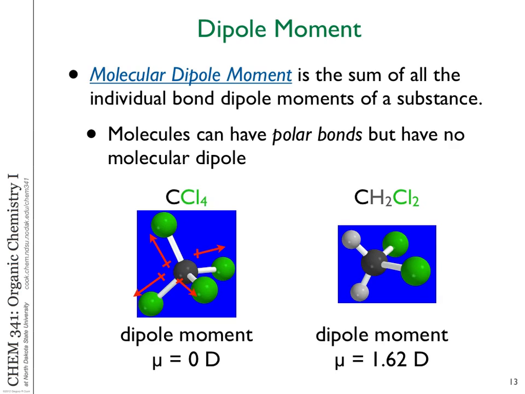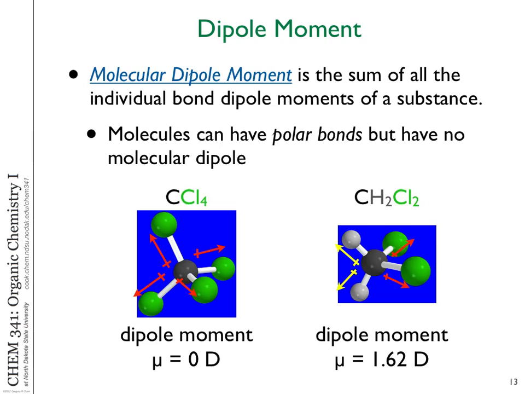But if you compare that to something like dichloromethane, dichloromethane has 2 bonds to hydrogen and 2 bonds to chlorine. So they have bonds which are different. They have different dipole moments. So the dipole moments for hydrogen, since hydrogen certainly is not much different than carbon, it's a little more electronegative than carbon.